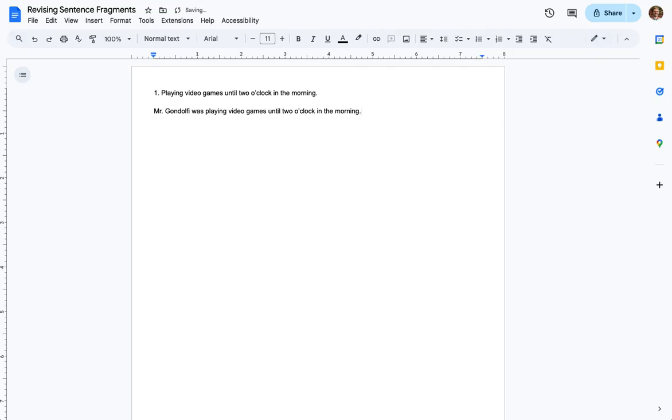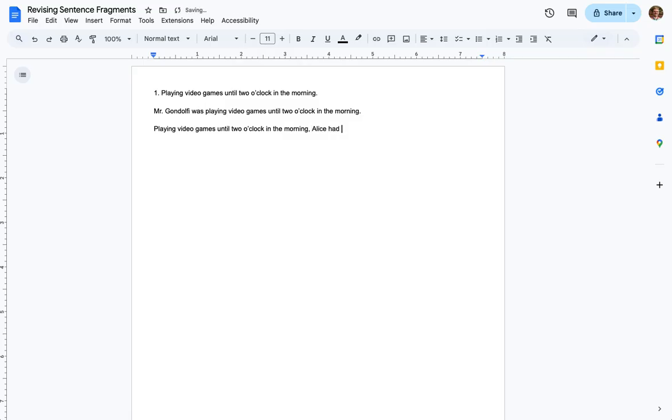I'm going to start the sentence with our full sentence fragment. Playing video games until 2 o'clock in the morning, comma, and then now I need to add an independent clause with a subject and a verb that sort of finishes that thought.